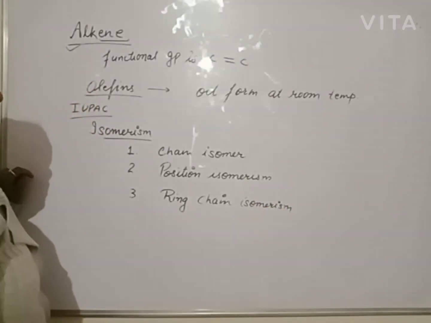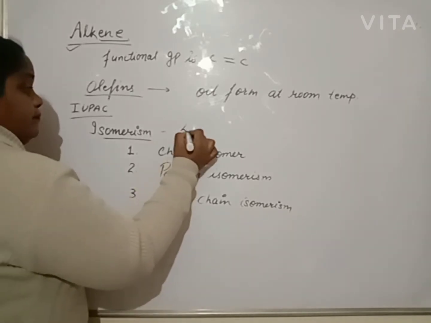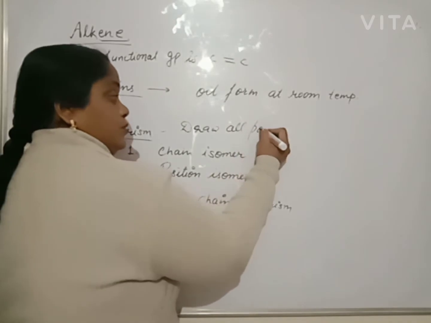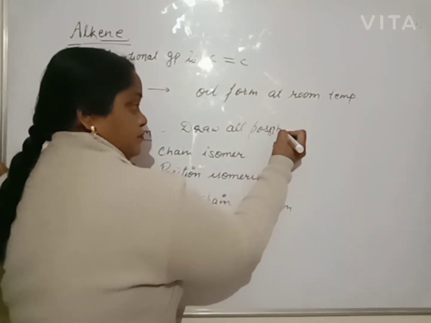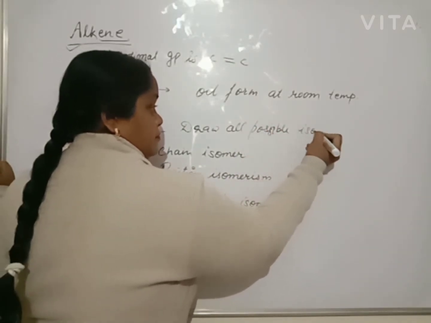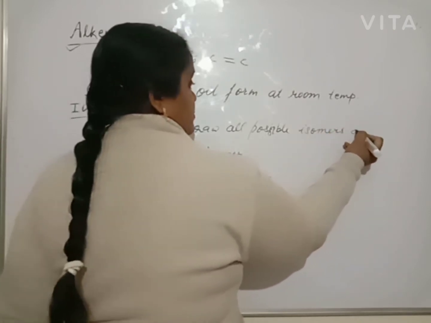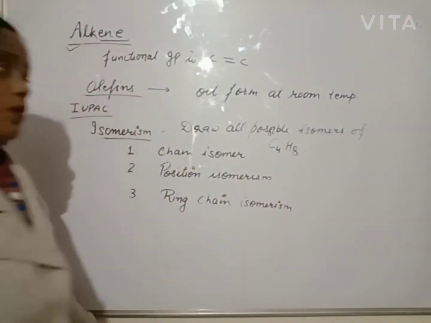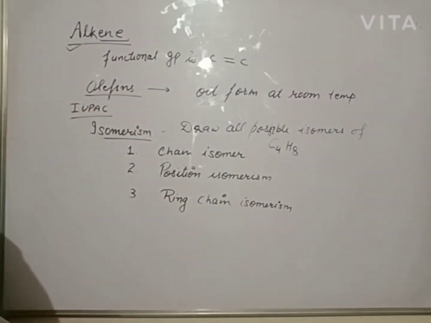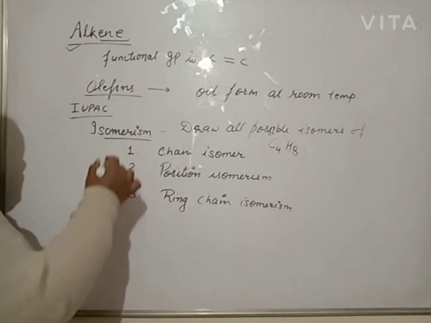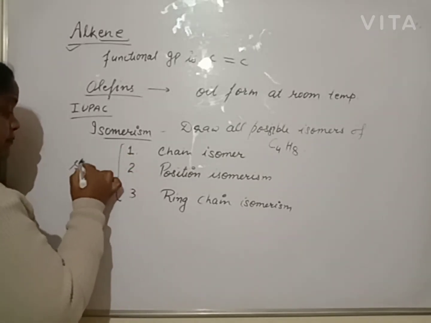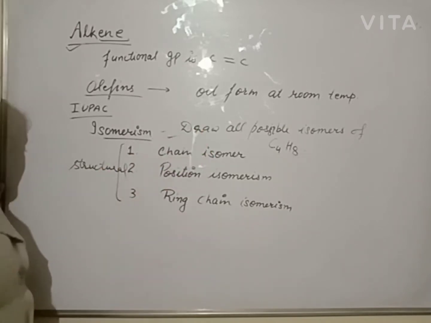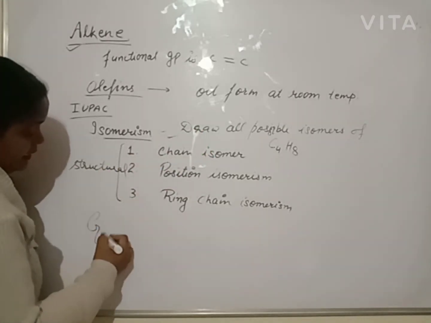Suppose our question is: draw all possible isomers of C4H8. These three structural isomerisms are shown by alkene, as well as geometrical isomerism.